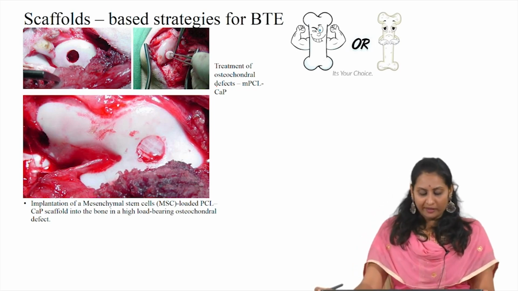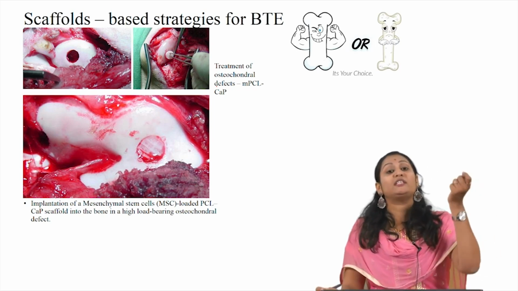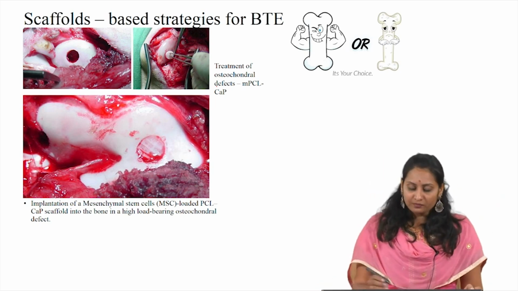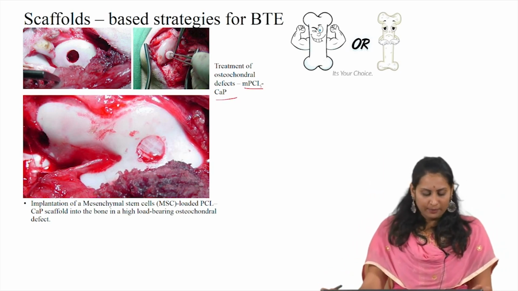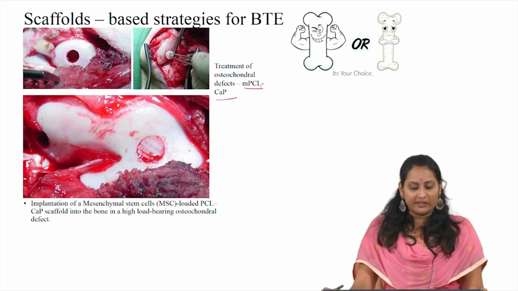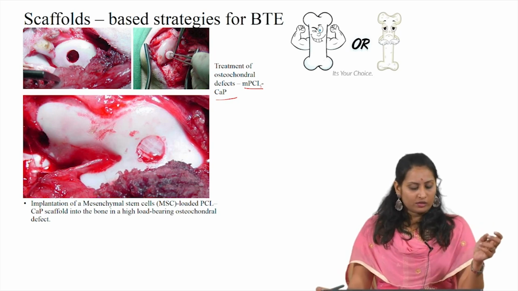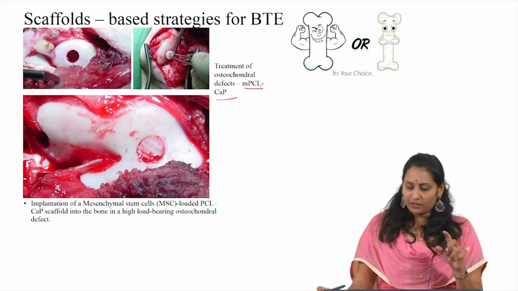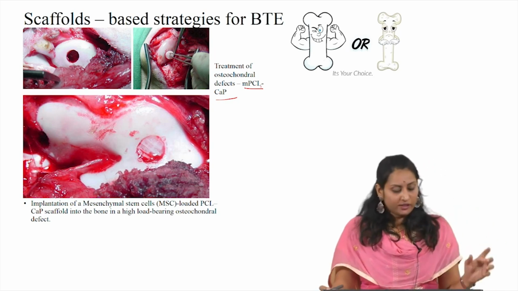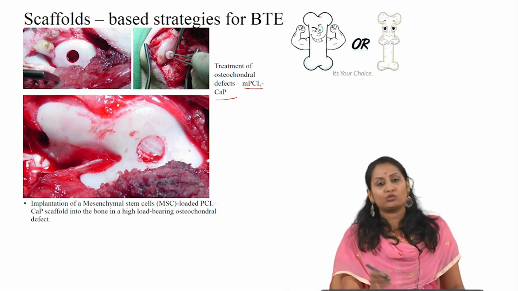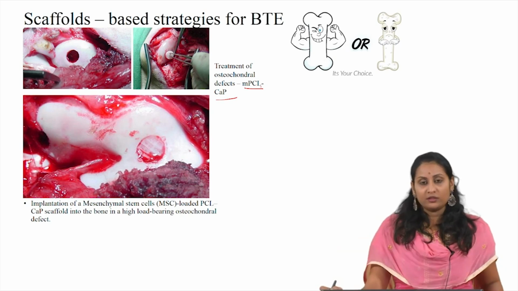They seeded mesenchymal stem cells along with the PCL calcium phosphate scaffold and then inserted it into the defect. After 12 months, or I am not sure about the time, after a certain time there is closure of this bone defect in the presence of the scaffold.